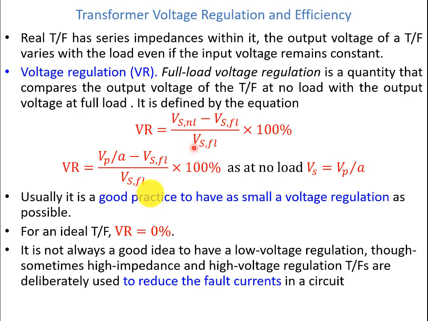It is not always a good idea to have a low voltage regulation, though. Sometimes high impedance and high voltage regulation transformers are deliberately used to reduce the fault currents in a circuit.